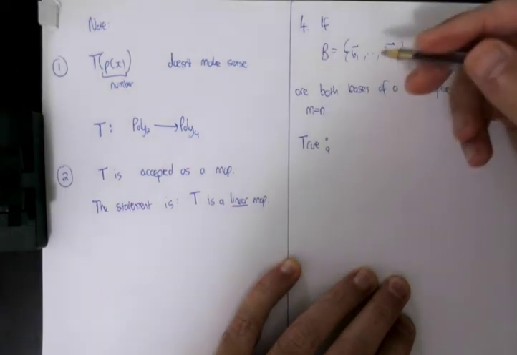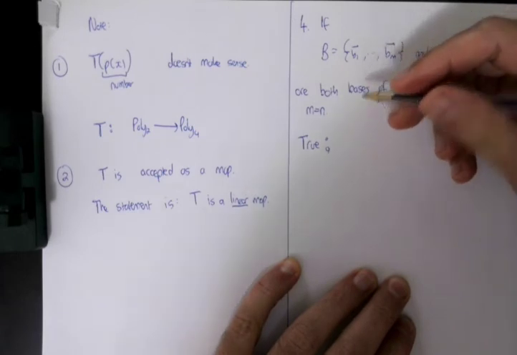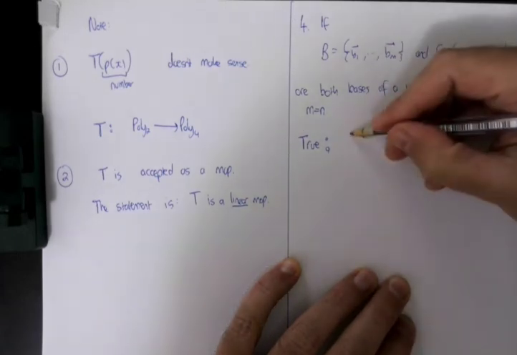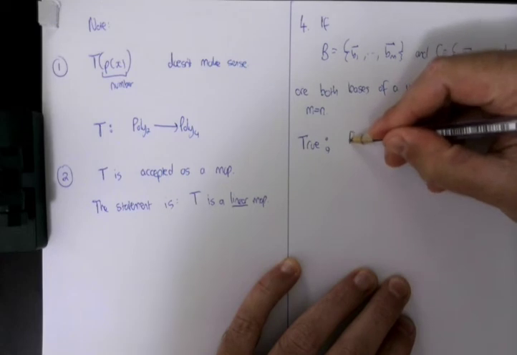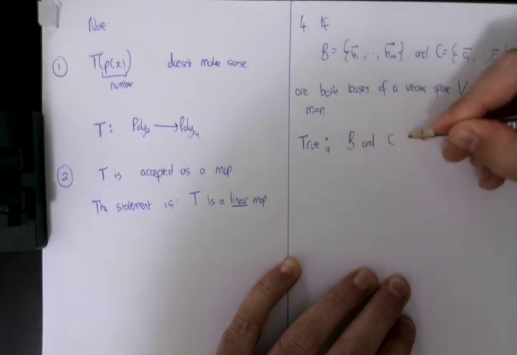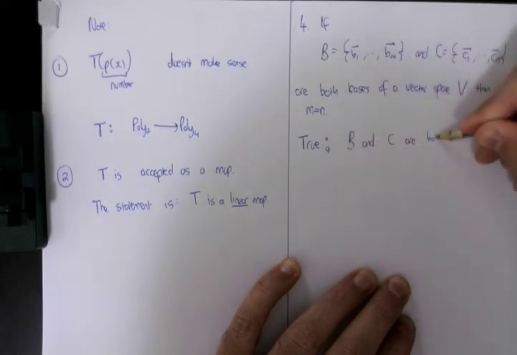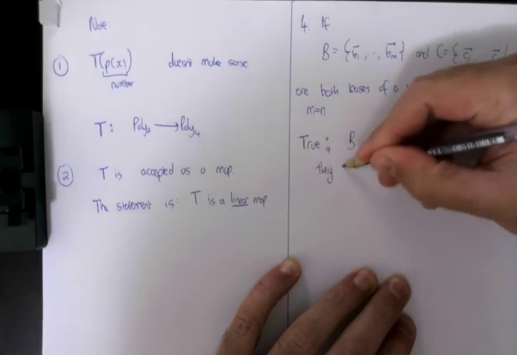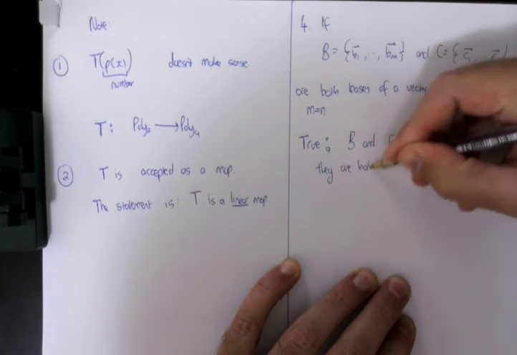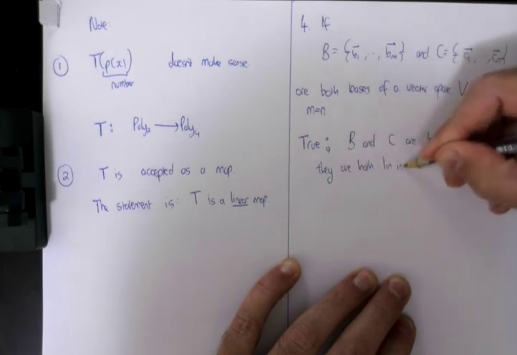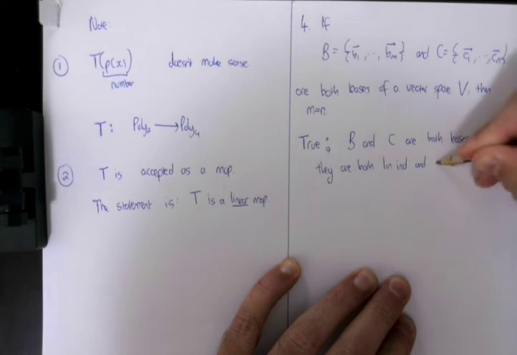So B and C are both bases. Hence, they are both linearly independent and span V.